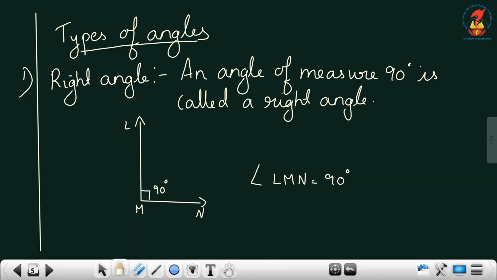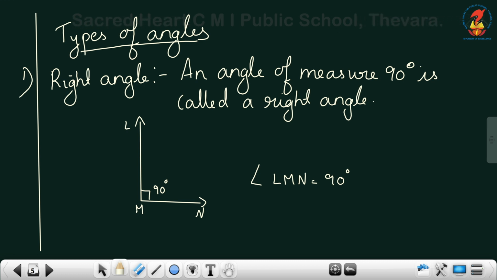First type of angle is called the right angle. An angle of measure 90 degree is called a right angle. This is how a 90 degree angle will look like. It looks like an L shape.